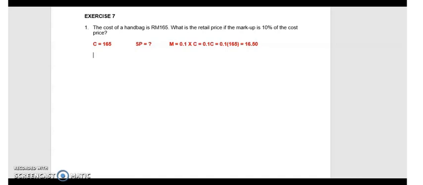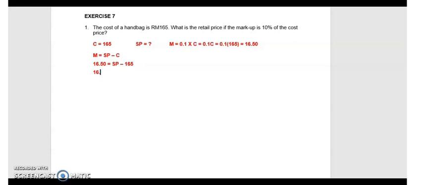Okay, how to find selling price? You start from the first formula: markup equals selling price minus cost. Okay, so markup is 16 ringgit 50 cent, equals selling price minus cost. Cost is 165.